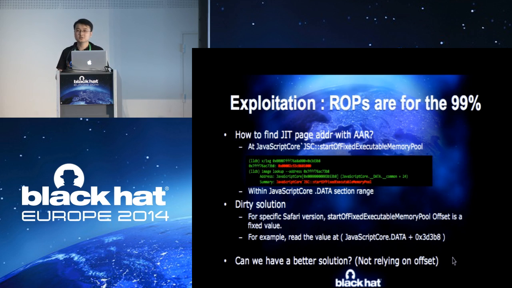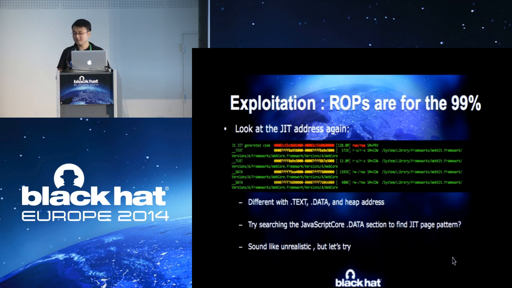And you now have the solution, which is you can just use the offset, because on some specific WebKit version, that offset will be fixed, which is very good. For example, in this case, you can just use the offset 3D3B8, which points to the start of the JIT pool. But this is a very dirty solution, and on different versions of WebKit, that offset will be different.